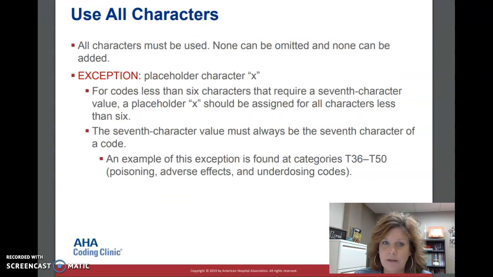None can be omitted. So if we have a code, we need to use that placeholder X. This should be assigned for all characters less than 6. And if you have that 7th character in there, you need to make sure you look for that 7th character. If there isn't a 5th and 6th, you need to put that X in there, that placeholder.